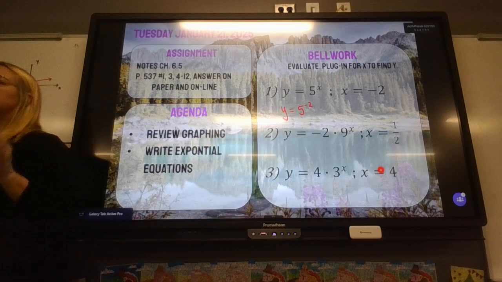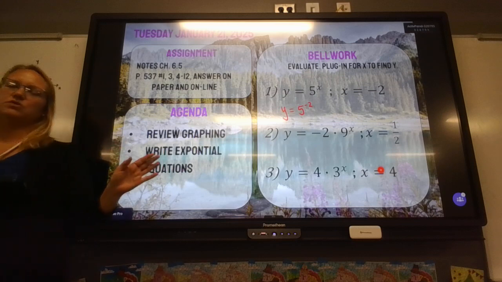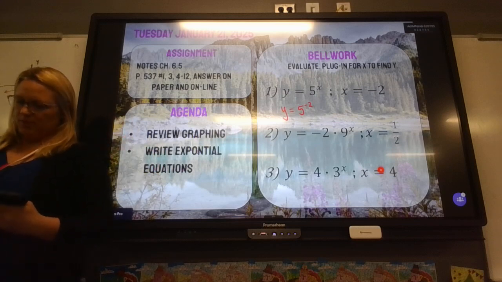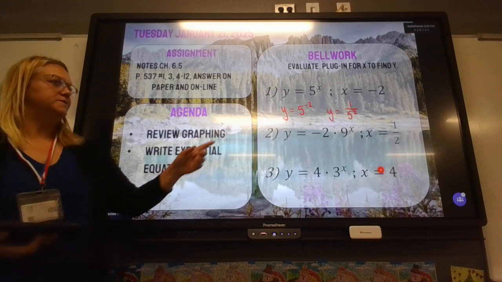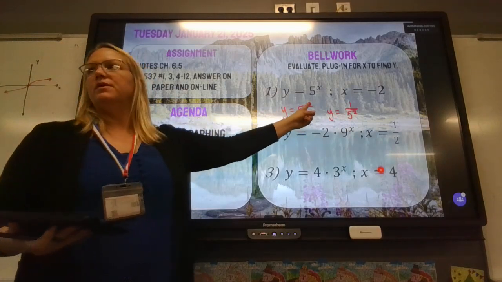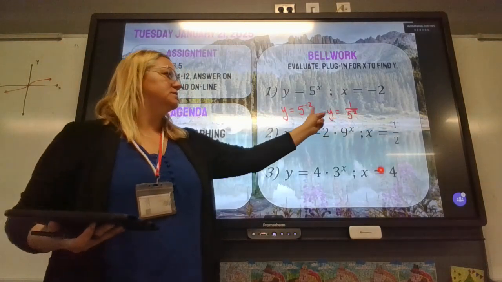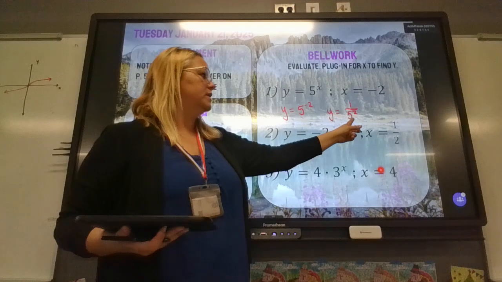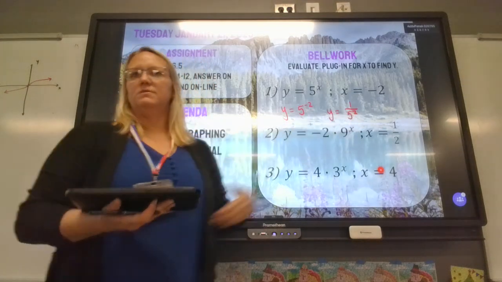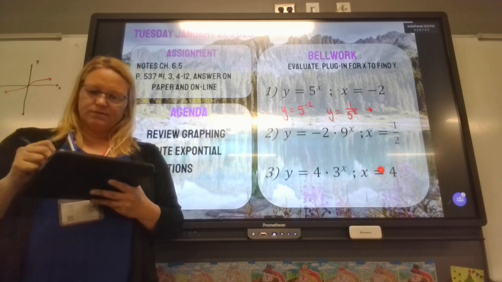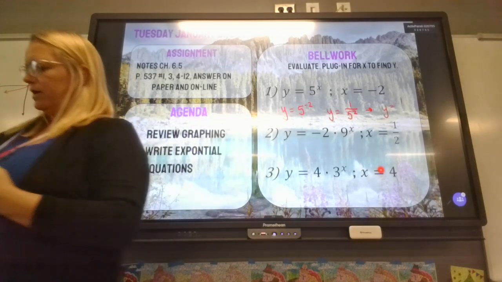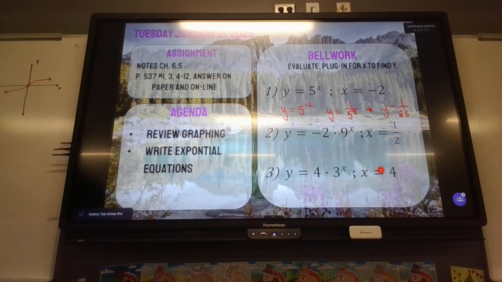0.04. Now I want to show you the fraction version of that. It's usually more likely to be used. This is 1/5². Negative exponents lead to fractions. So the 5 goes under 1, and the -2 becomes positive. So this would be y equals 1/25, which is what I gave you.